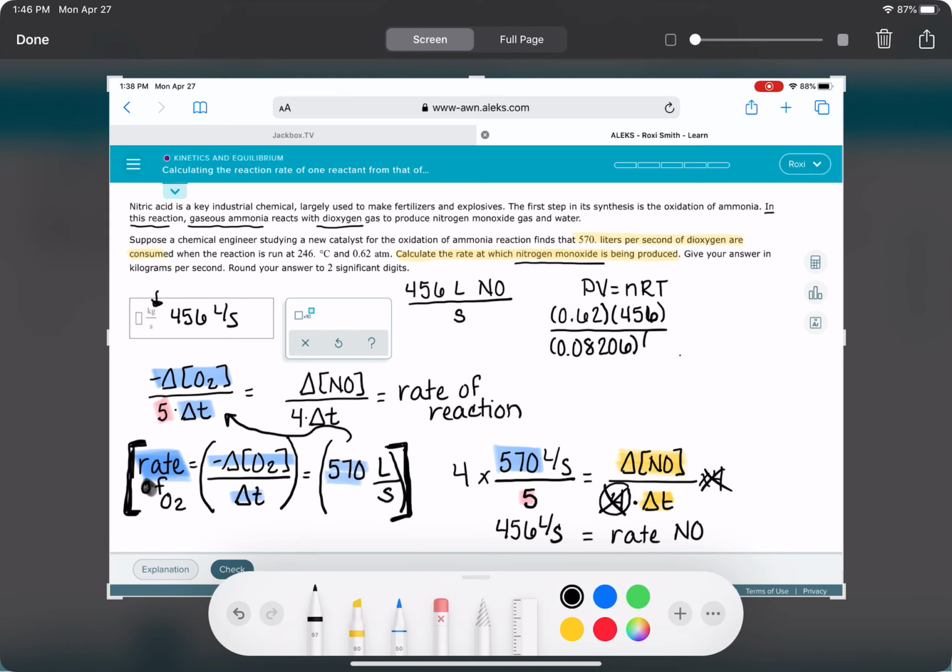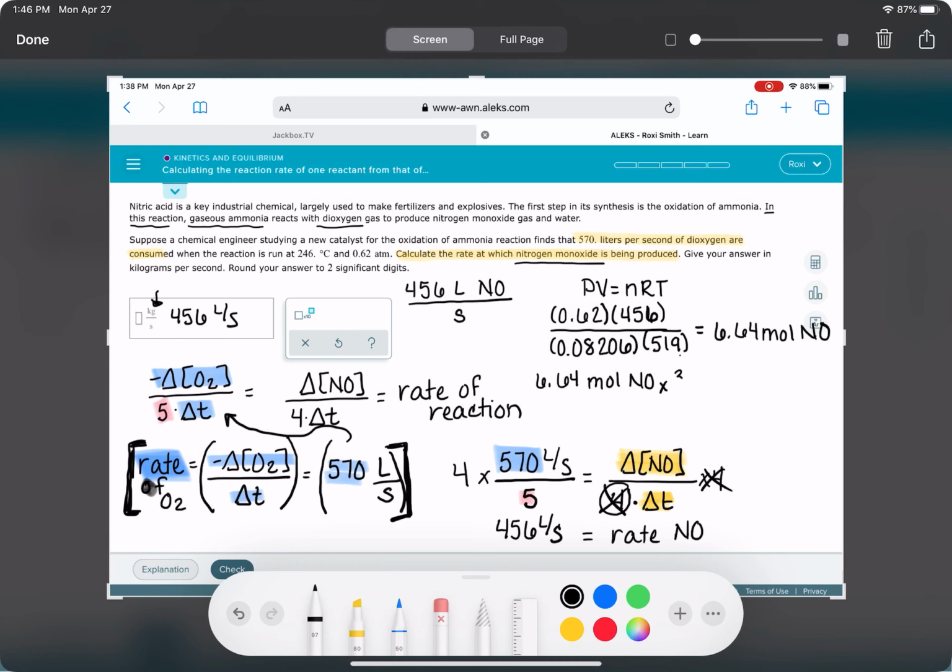And we know our temperature is 246. Convert that to Kelvin. It is 519. So this is going to tell us how many moles we have. 0.62 times 456 divided by 0.08206 and 519. We have 6.64 moles of NO.